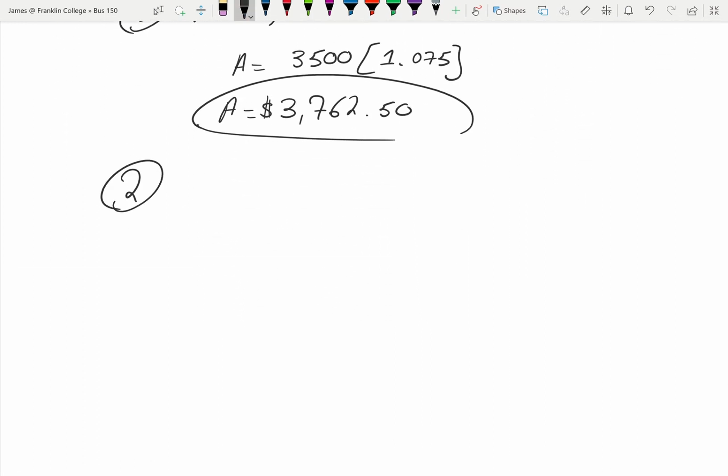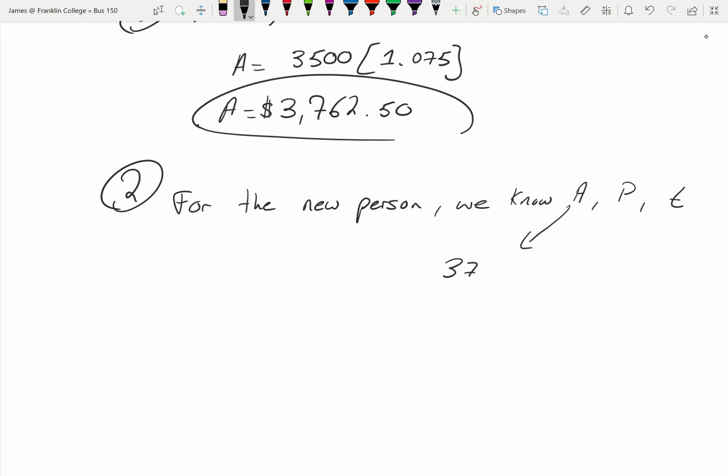Alright, so now we can figure out what the interest rate is for the third person. So for the new person, we know A, P, and T. A is still going to be the $3,762.50 that we just calculated.